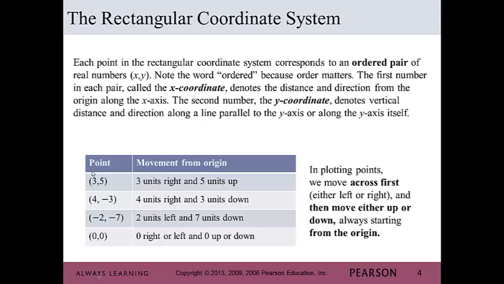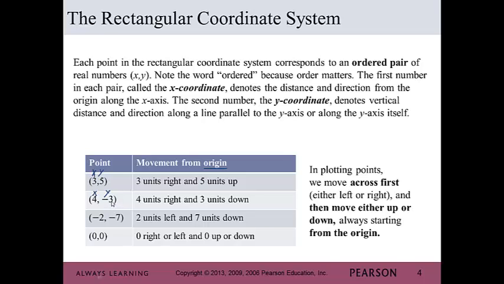That means the x is 3 and the y is 5. So you would move over 3 units to the right and 5 units up if you started from the origin. The next one says 4, negative 3. So the x is 4, so 4 units to the right, and the y is negative 3, so down 3 units.